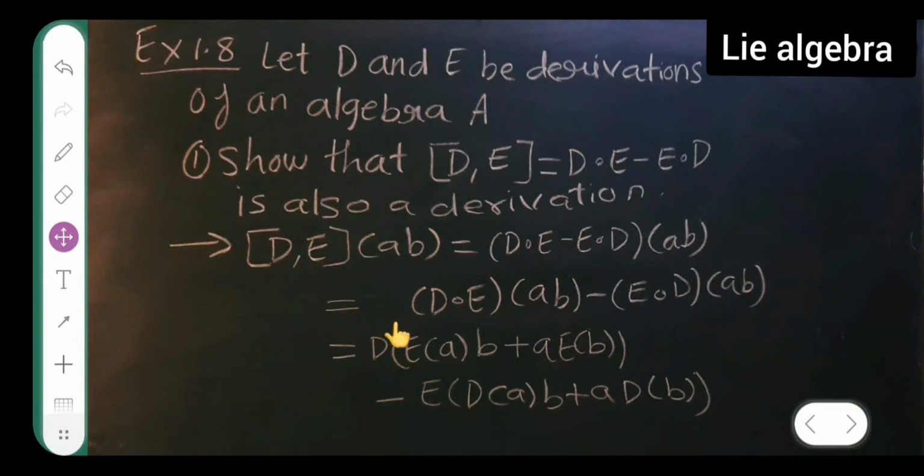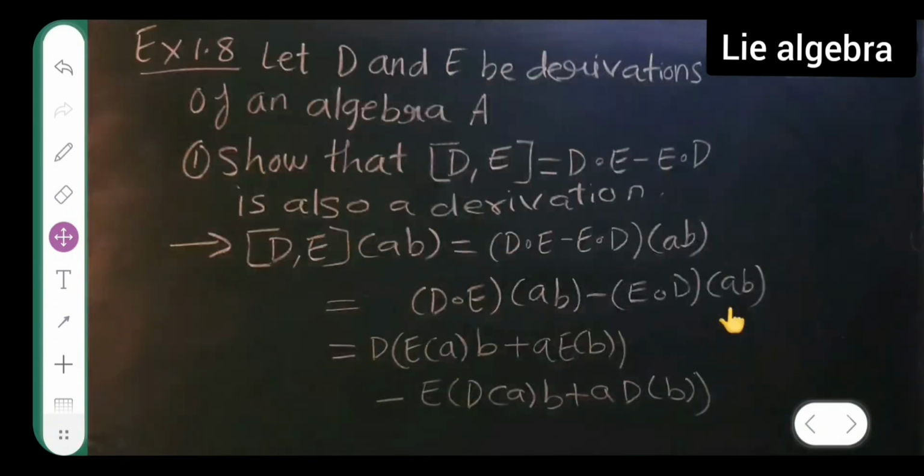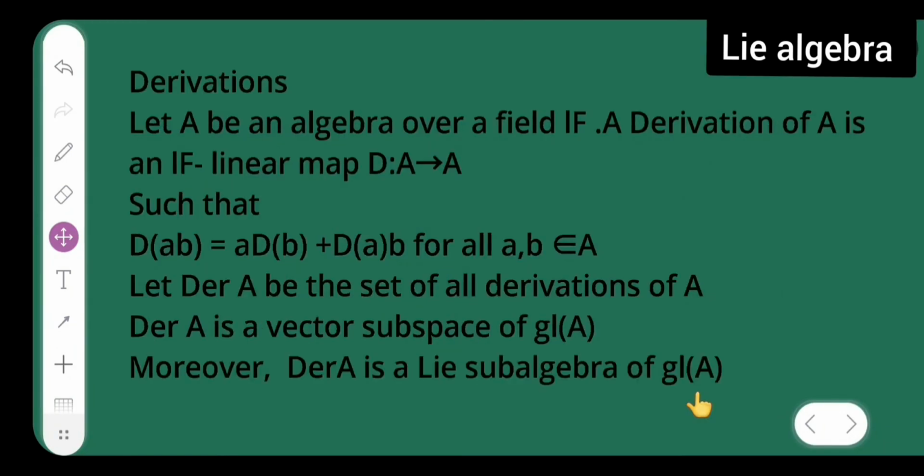Now this is equal to what? This is equal to D composite E applied to AB minus E composite D applied to AB. Then apply this rule, this one.